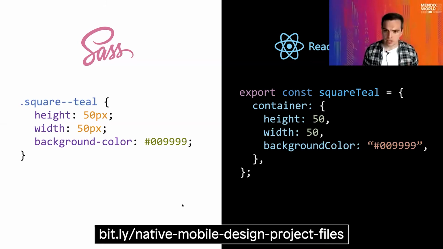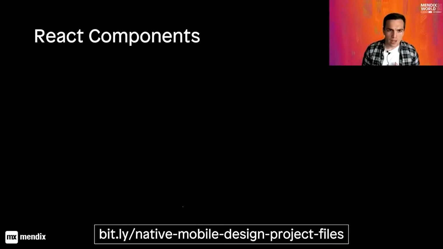And this is very similar. And then lastly, everything that you see in React Native is written in JavaScript rather than CSS syntax. There's another major difference as well. Every React Native widget and component that we use in Mendix is created with many built-in components, and they're all reused from the core React library.